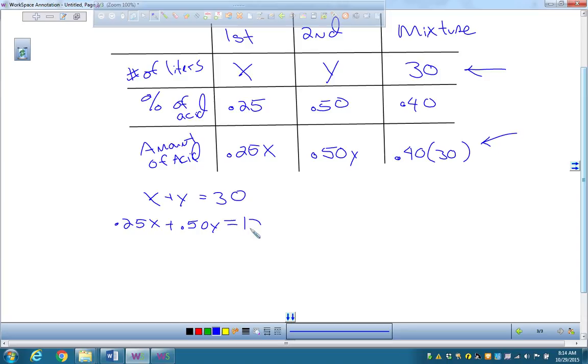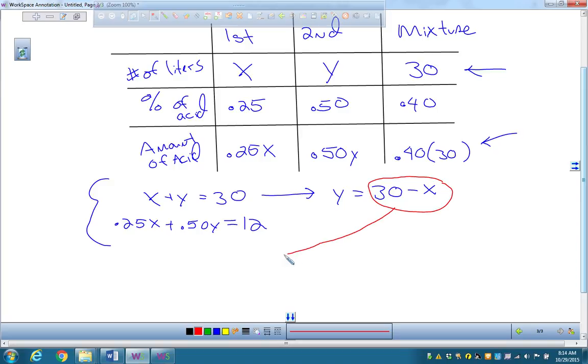So now I'm going to take this equation and turn it into y equals what? What does y equal? 30 minus x. And I'm going to take that 30 minus x and sub it in here for y. So now I'm going to do substitution.